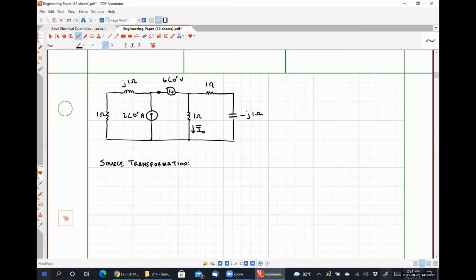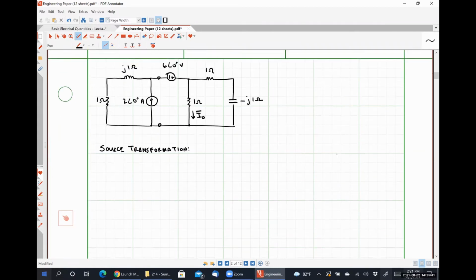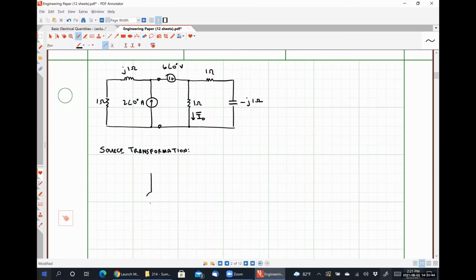effectively what I'm doing, I'm going to draw a little terminal pair here. And I am saying that this network, my 2 angle 0 degrees amp source connected to, say, an inductor, although it really doesn't matter, J1 ohm, 1 ohm is electrically equivalent to a voltage source connected in series.